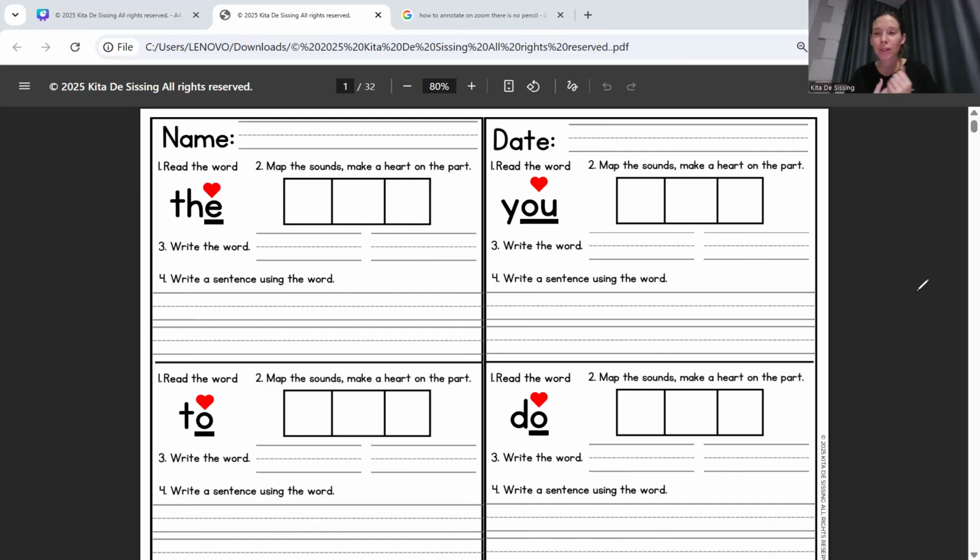And don't worry, most of the rules that we're going to be learning today, you're going to be learning very soon later on in your phonics and reading journeys with Miss Kita. So this is just really for us to get nice and accurate very early on in our reading and writing journey. Let's not waste any time.